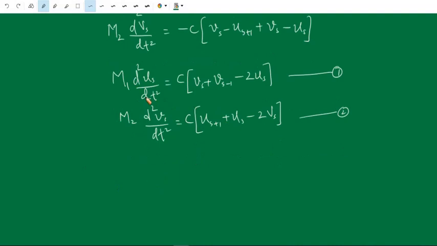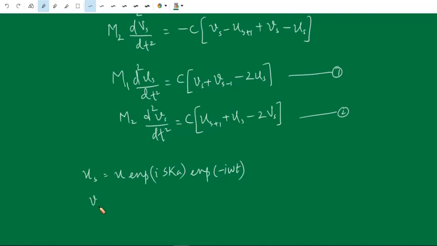The two equations have a traveling wave solution of the form u_s is equal to u exponential i s k a, and it has a time dependence in the form of exponential minus i omega t.